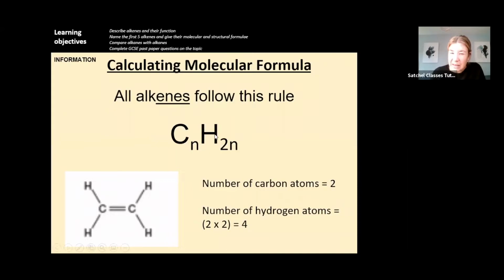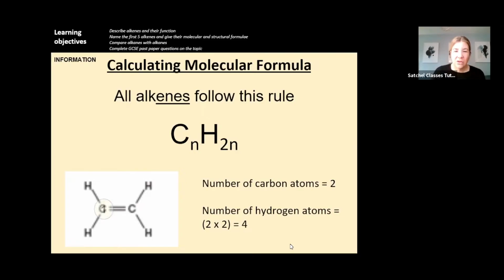This must mean that in terms of hydrogens, there's 2 times that n being 2. Does that make sense? The number of hydrogen atoms is actually 2 times 2. In maths, when we have 2 numbers together, you multiply them, and it's the exact same here. It's saying for whatever number of carbon atoms you have, twice as many hydrogens. That's an easier way of thinking about it.